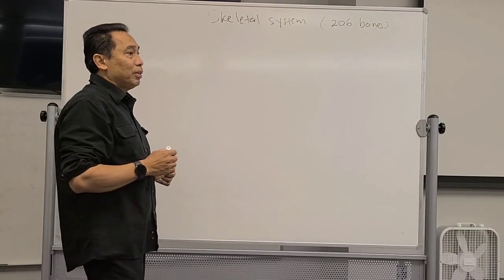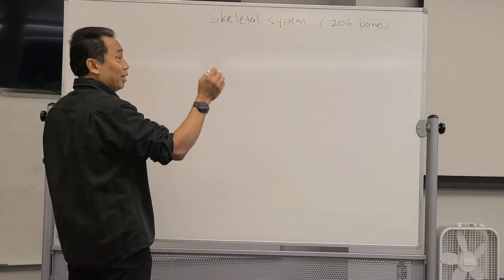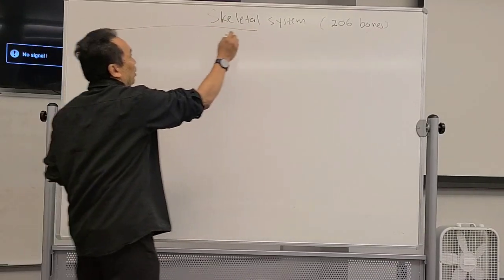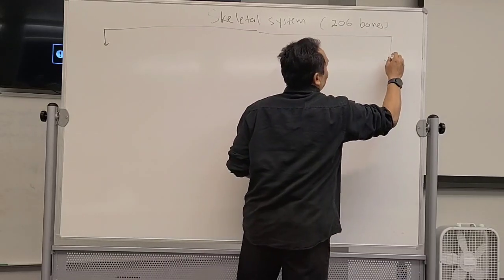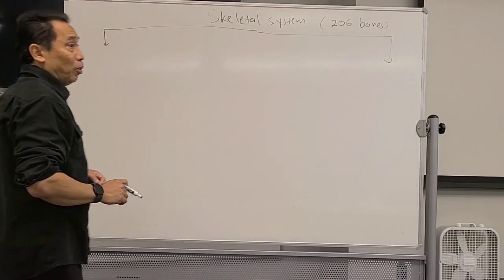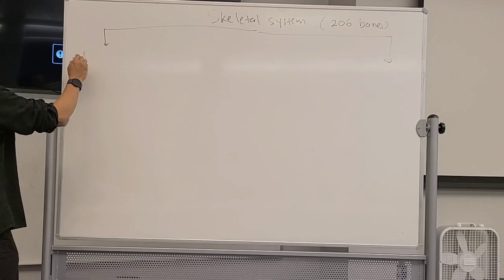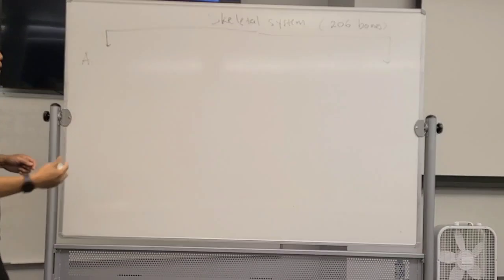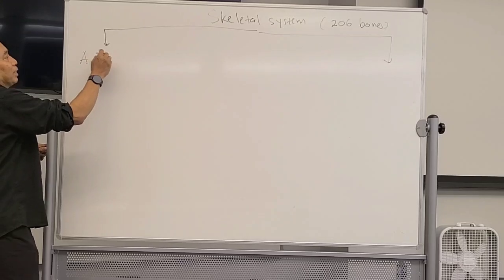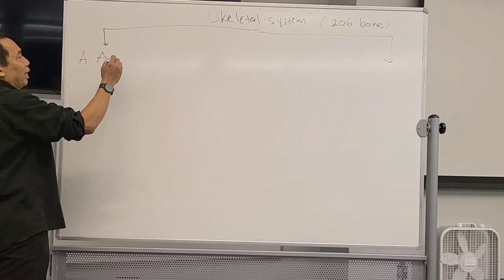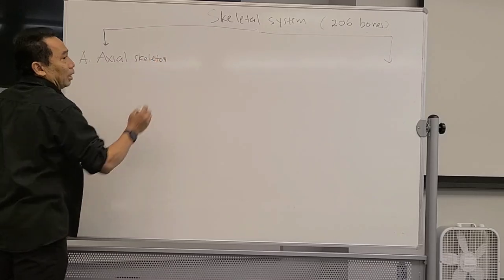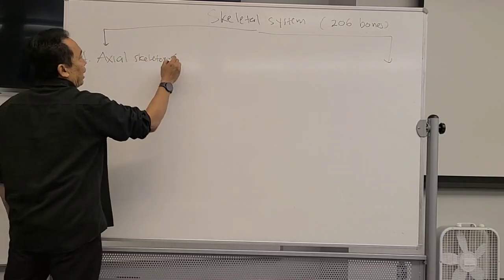Now, these 206 bones are divided into two groups, two types of skeleton. The one in the center of our body, all those bones are called the axial skeleton. How many bones? 80 bones.